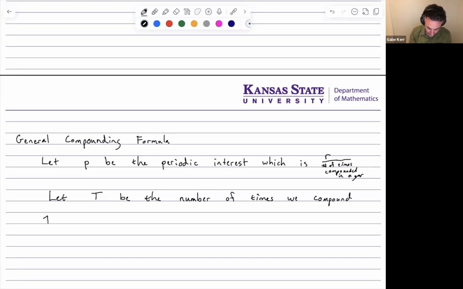Then the future value is F equaling P, capital P here. Capital P is the principal, as always, times 1 plus lowercase p to the T, capital T.